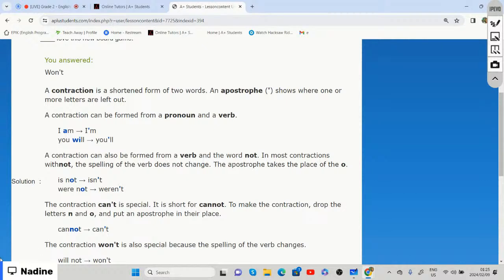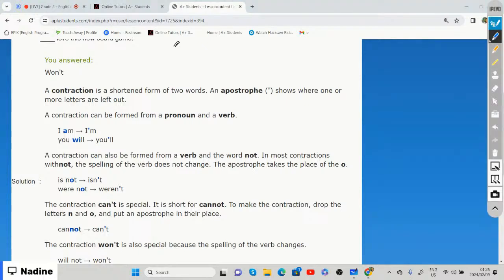And we see the contraction is a shortened form of two words. We have two words and we shorten those two words into one word. And then an apostrophe shows where one or more letters are left out.